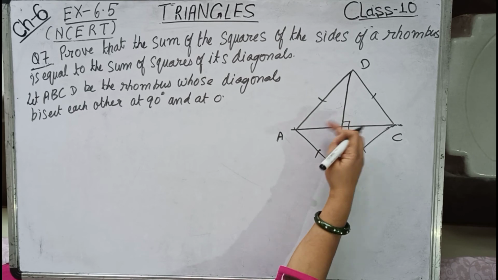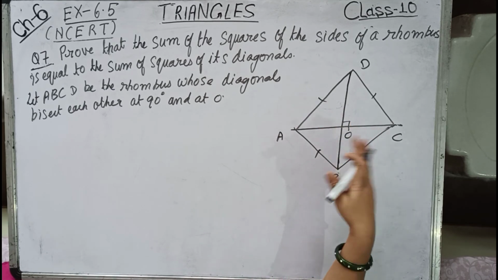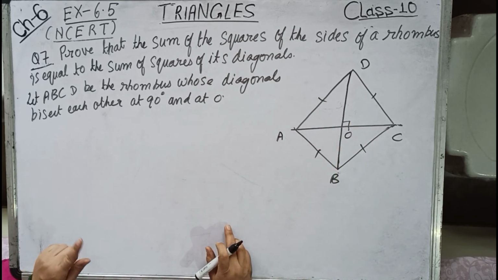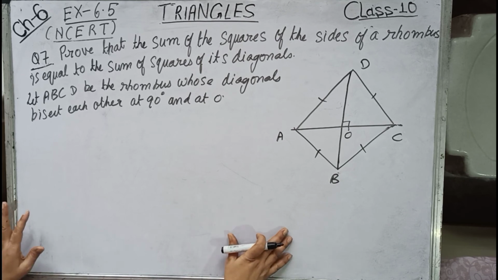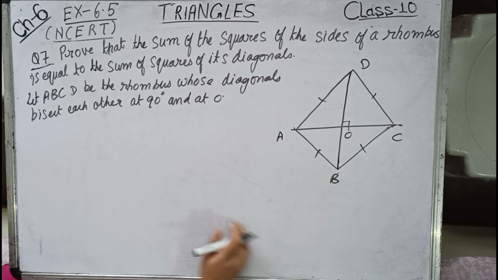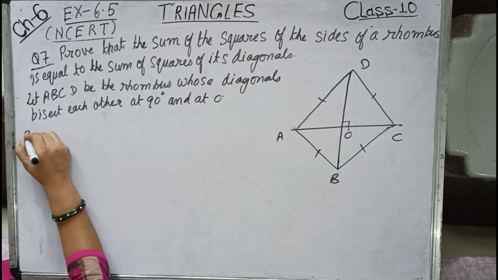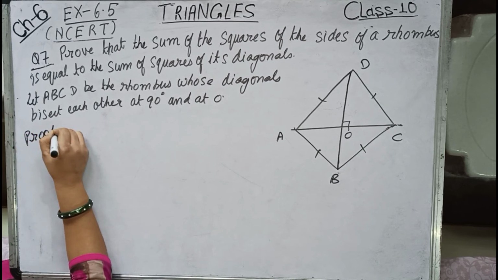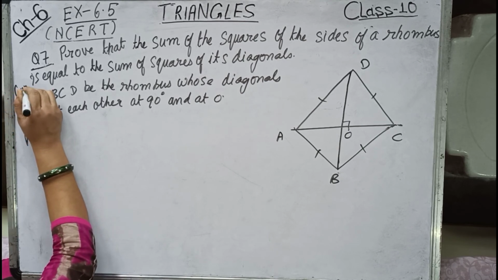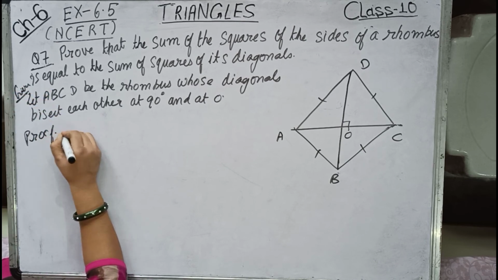Now any triangle you take, all four are right angle triangles, from any one triangle let us use the Pythagoras theorem. So proof, here you will write given and proof.